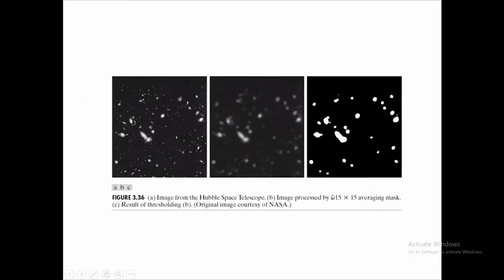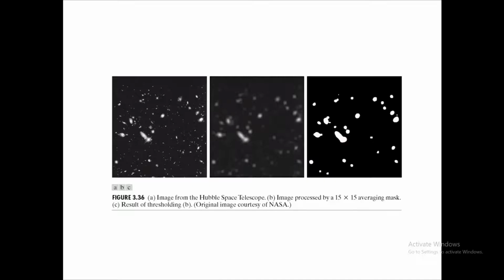And here is an example of a box filter. We have an image from the Hubble Space Telescope, and the image processed by a 15 by 15 averaging mask. Here the size of the filter is 15 by 15, and next is a thresholding.